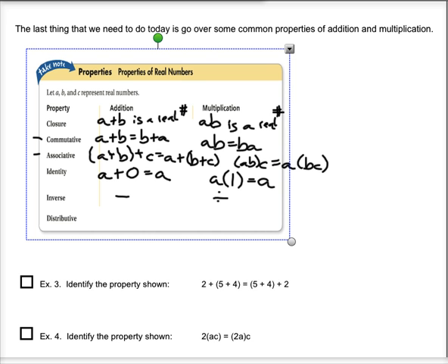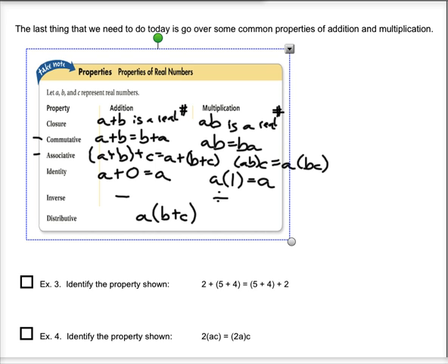Finally, distributive. This one doesn't really go into a nice little category of addition or multiplication because it kind of spreads over both. So when it comes to distributive, I'm hoping you remember, you're looking at something like this, okay? You have two things being added in parentheses, and there's something multiplying it on the outside.